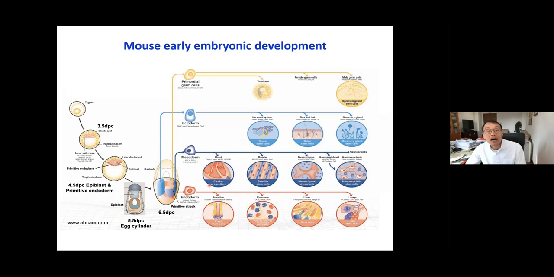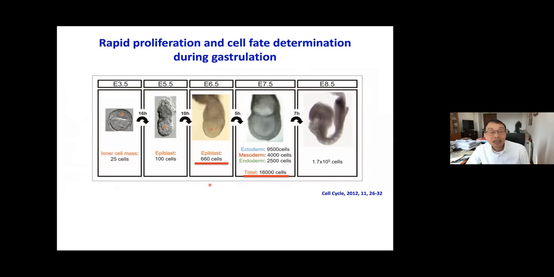So we can see in this 1 day of gastrulation, from embryonic day 6.5 to 7.5, the epiblast proliferates from 660 cells to 16,000 cells, increasing the cell number more than 20 times.